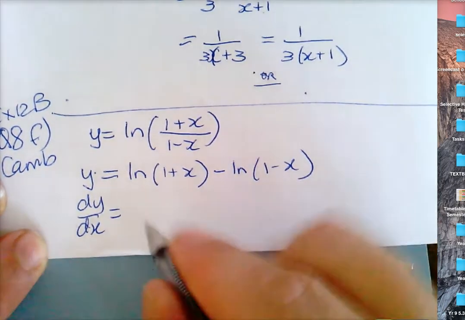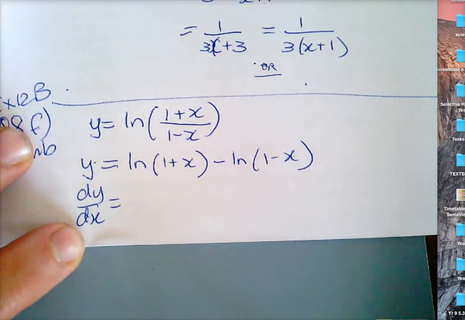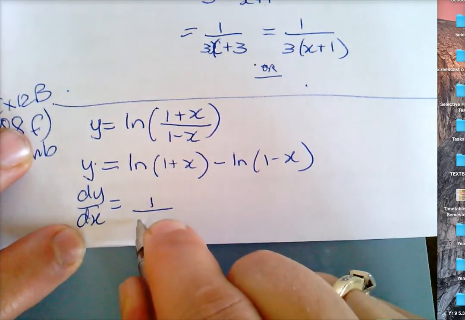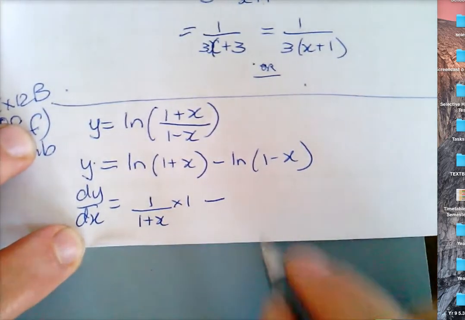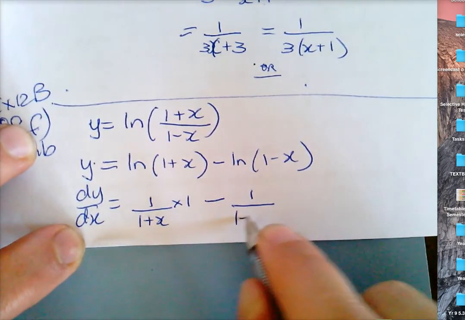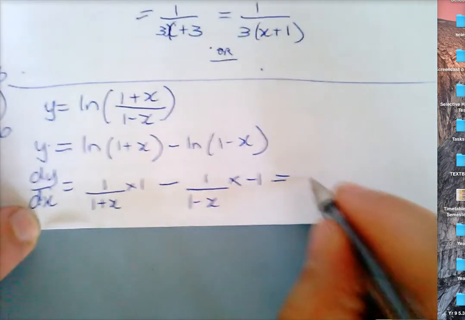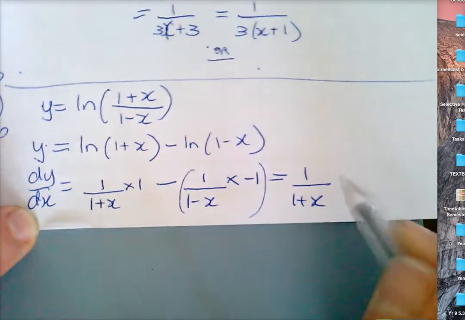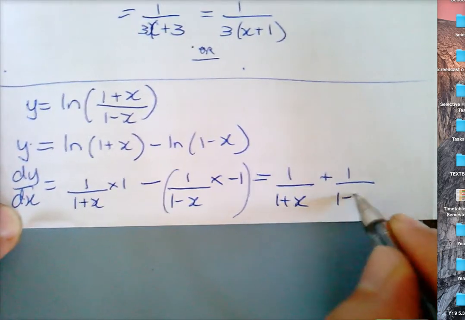All right. Log e is the same. ln is log e. So how do you differentiate that? Times 1 minus x. So be very careful. What is it? 1 over 1 plus x. That's right. Plus 1 over 1 minus x.